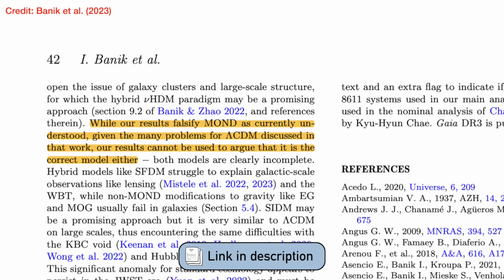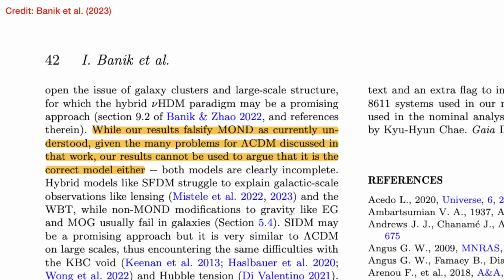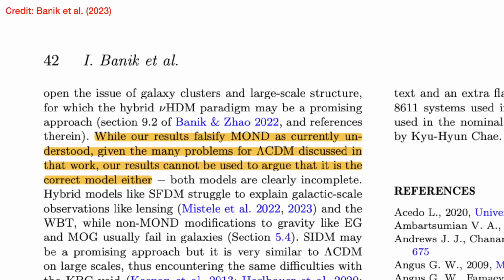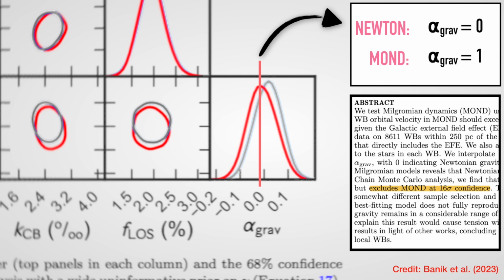So Banik and collaborators point out that you cannot use their results to then argue for the cold dark matter theory of the universe either, which they point out is still incomplete. And perhaps it might turn out that the best theory of gravity is actually a hybrid one between general relativity and MOND, or some other alternate theory of gravity. But all we know for now, thanks to this research paper, is that the best theory of gravity to explain our observations of the universe definitely isn't MOND.